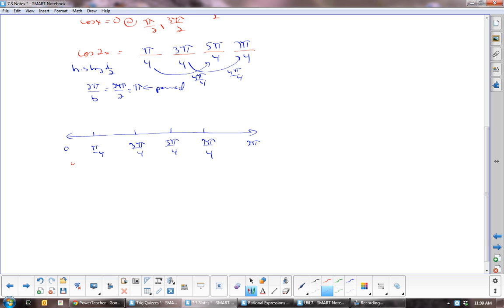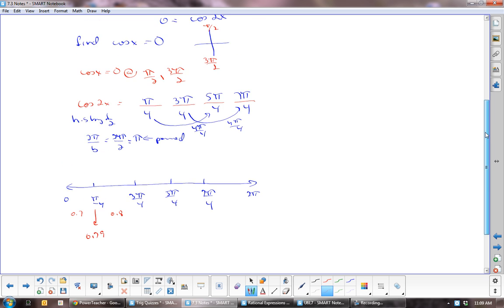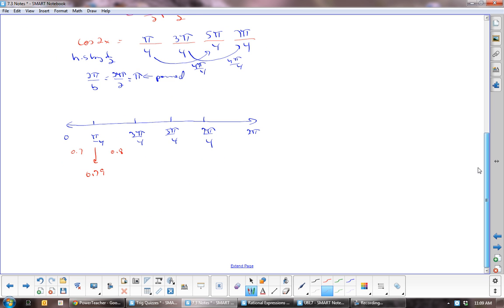So I elected to use 0.7 on this side and 0.8 on this side. Because like you just said, this is 0.79. And remember that we want to put it into our derivative, negative 2 cos 2x. Okay, so we're going to put these numbers into here to test them.